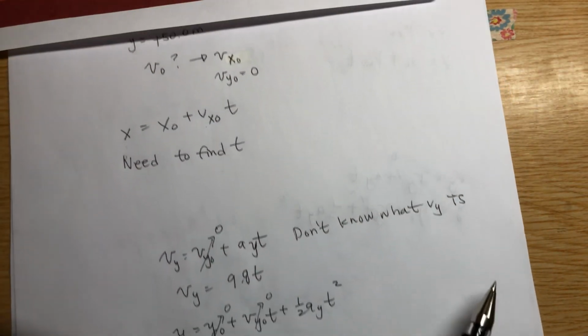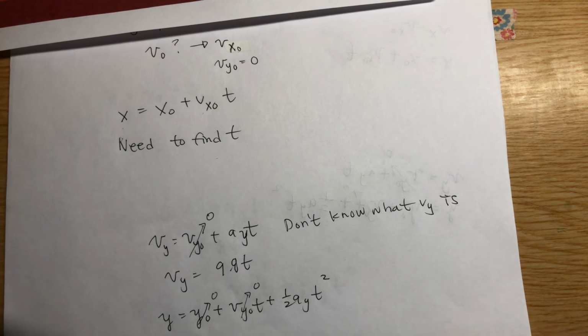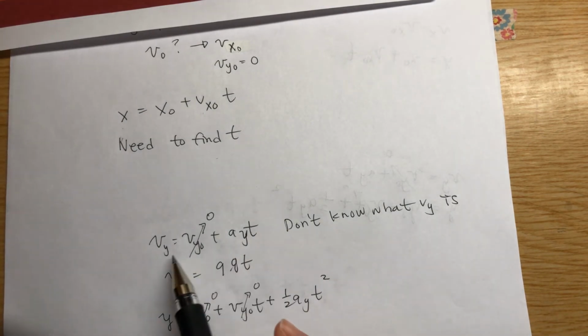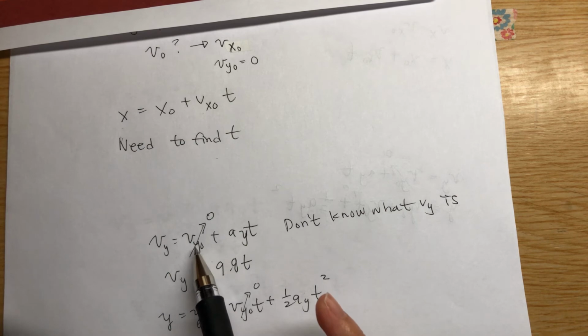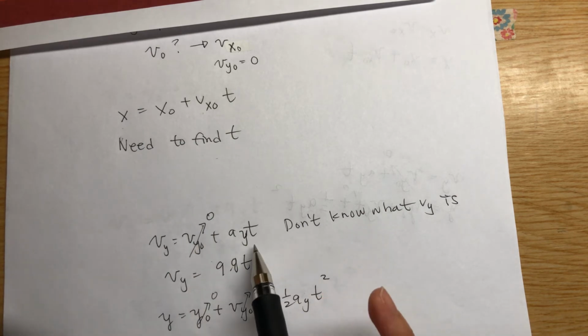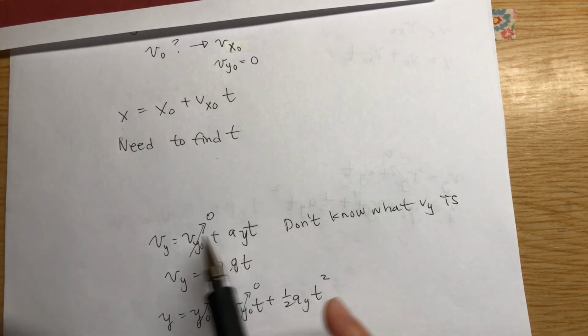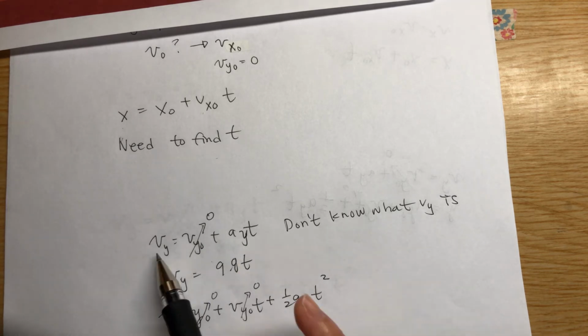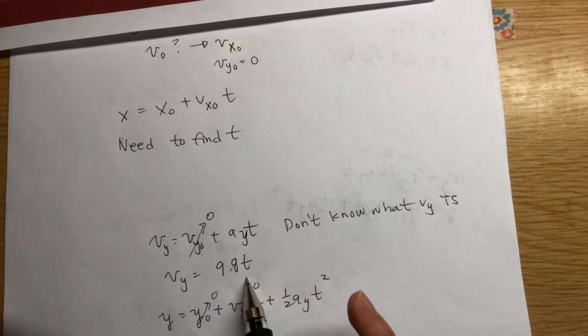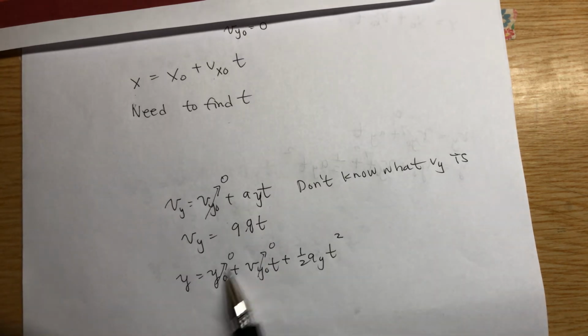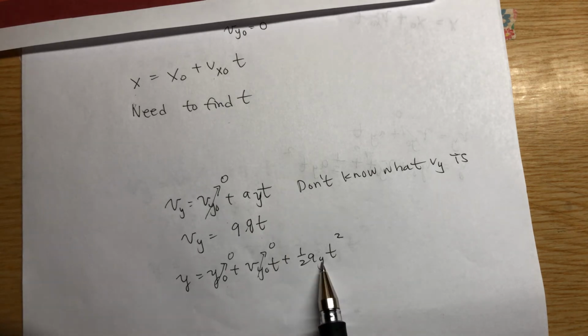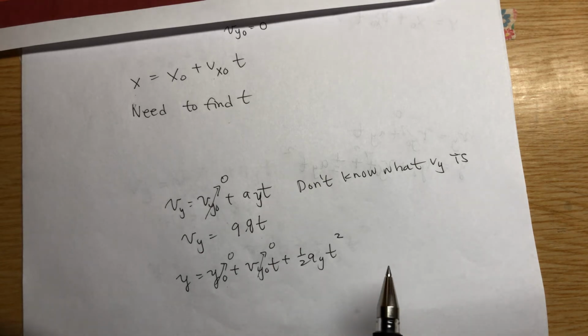So we're going to look at these equations right here. For this equation, Vy naught is 0, but we don't know what Vy is, so we can't use this to find time. For this equation, y naught goes to 0 and Vy naught goes to 0. Do we have all that we need? Yeah.